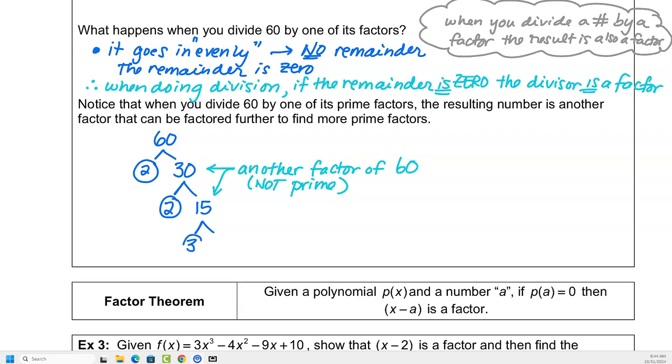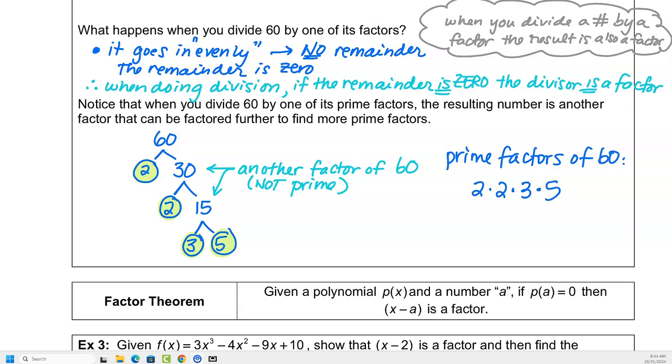Good. 5 and 3, I'll write it 3 and 5. So those numbers, 2, 2, 3, and 5, are the prime factors of 60. 2 times 2 times 3 times 5.